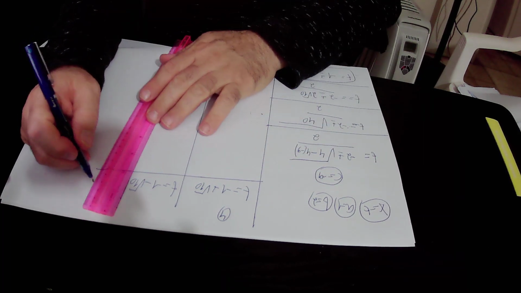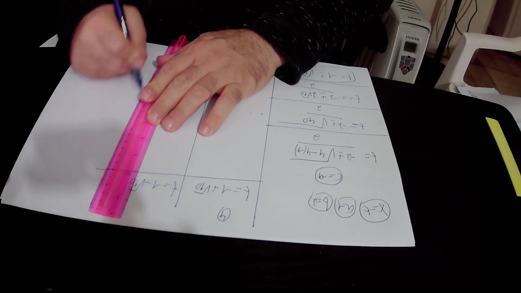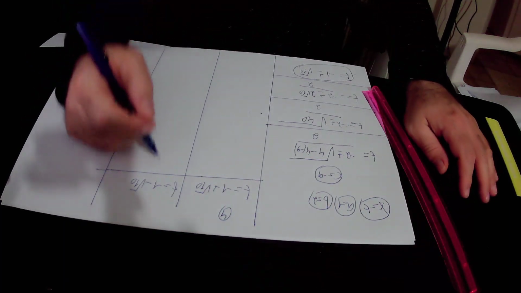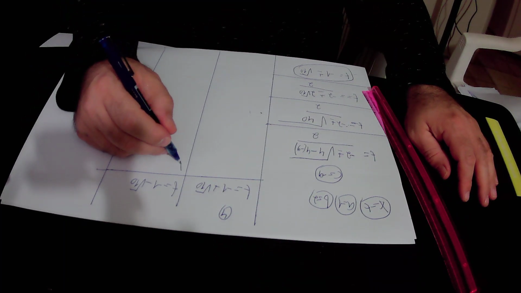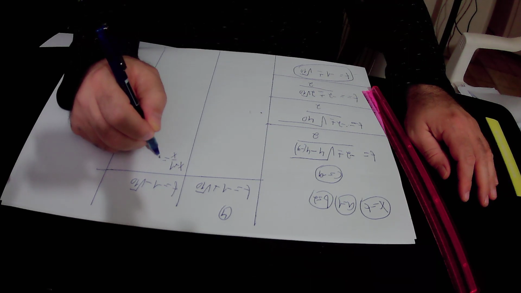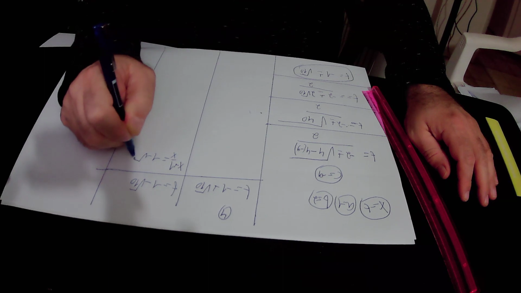And according to our definition, t equals x plus 1 over x, and it equals here minus 1 minus the square root of 10.